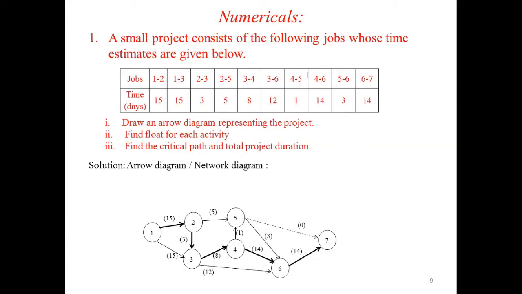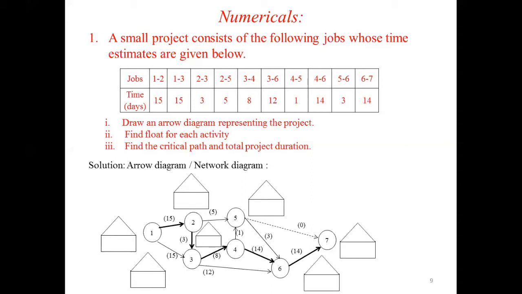Then next, after writing the given data in the network diagram, you need to construct a square or rectangular block and a triangular block at each node: node 1, node 2, node 3, 4, 5, 6, 7.